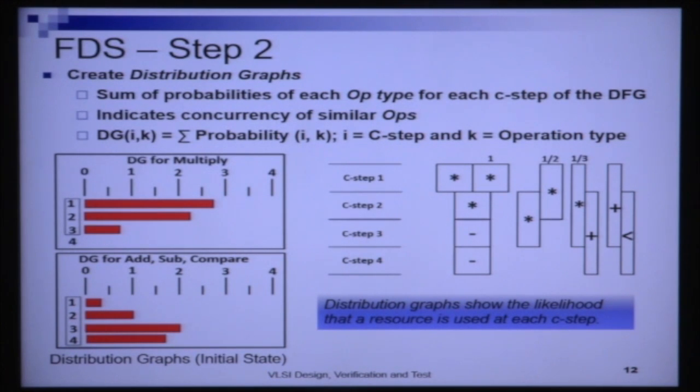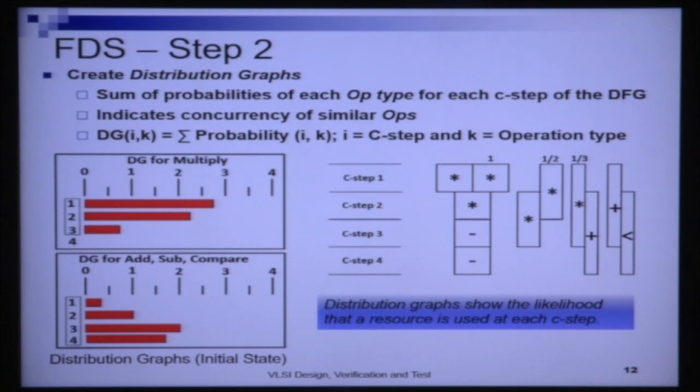For the second time step, what do we have? We have 1 plus half plus 1/3. So, 2.33 is the DG value, the distribution value for the multiplication operator at time step 2. Now, what does this sum of these probabilities indicate?